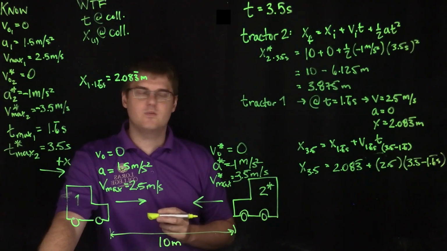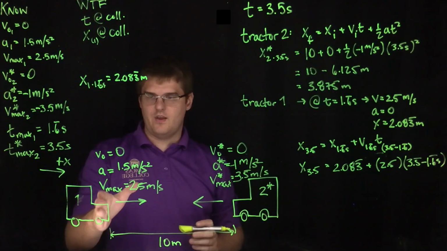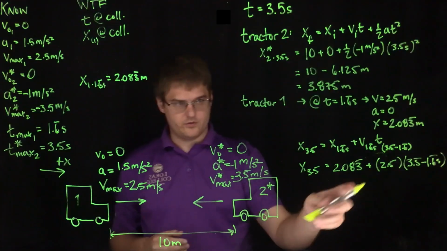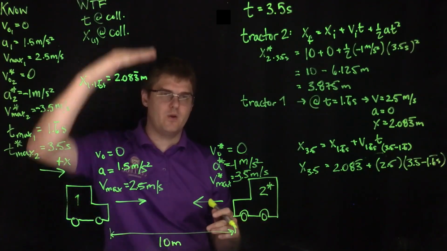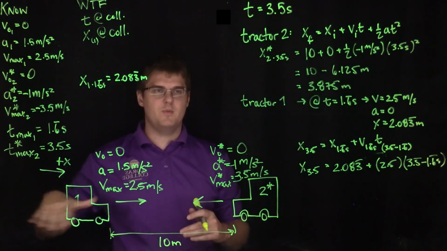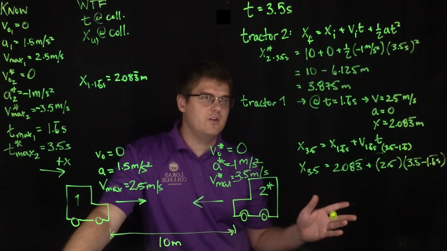Hopefully it makes sense where that came from, because all that we're doing is saying that we now want to know how much further it's gone. We know where it is at 1.6 seconds. It's just like the water balloon problem where we could start from the top or start from the initial. It's just a matter of making sure that your acceleration is constant over the entire thing.